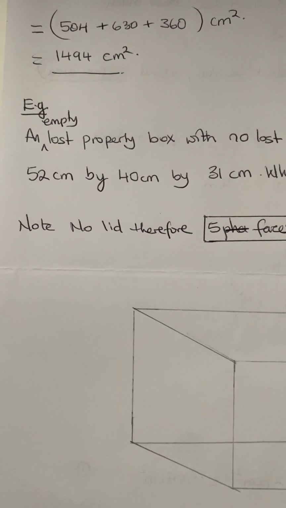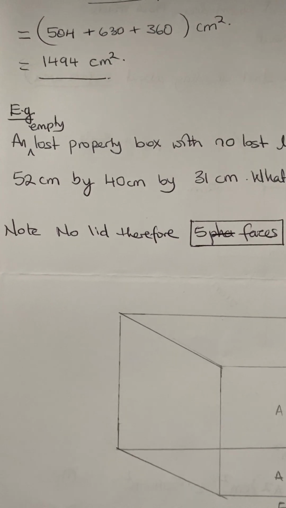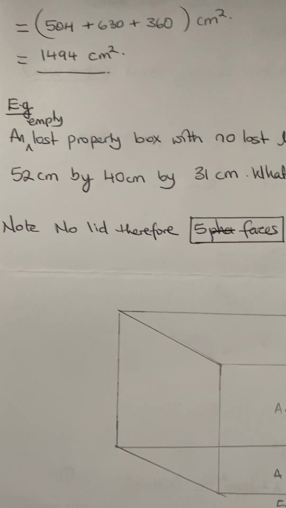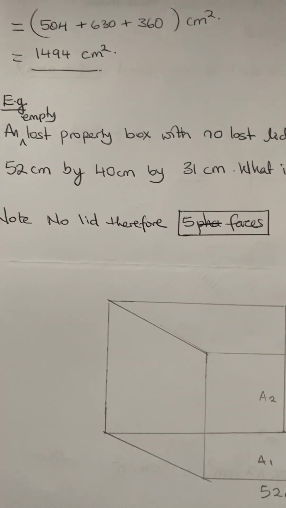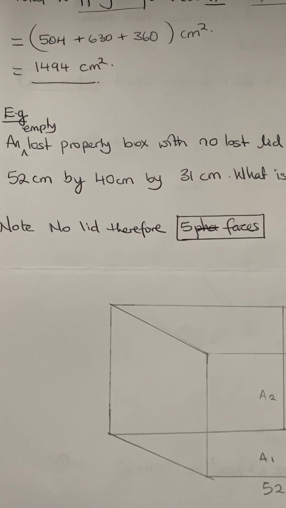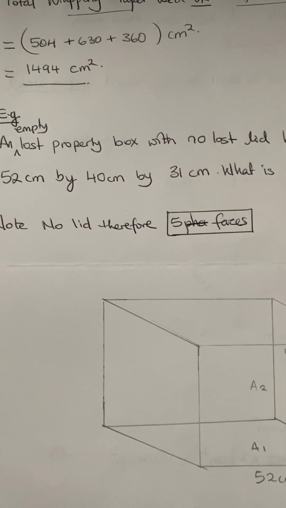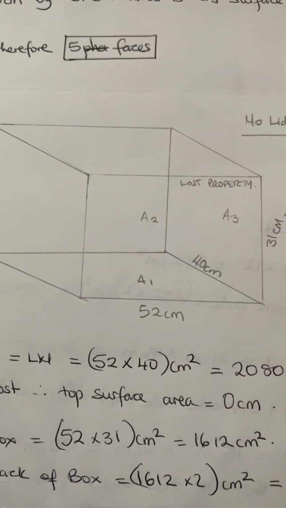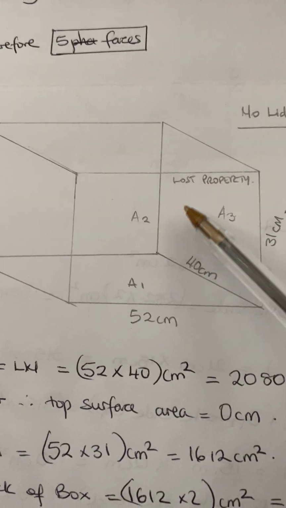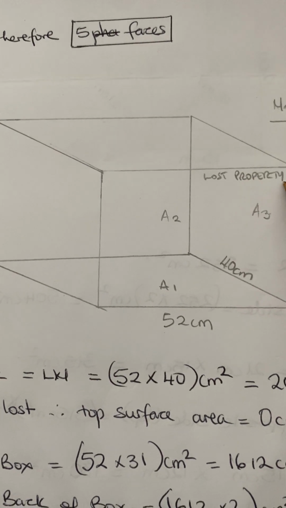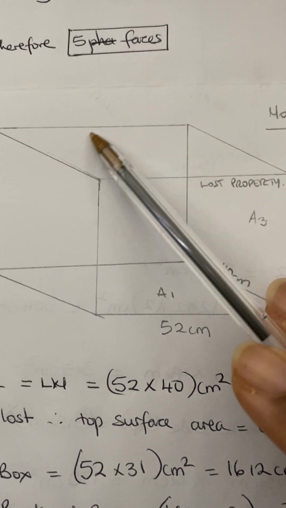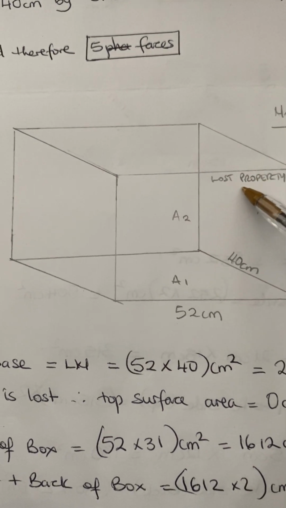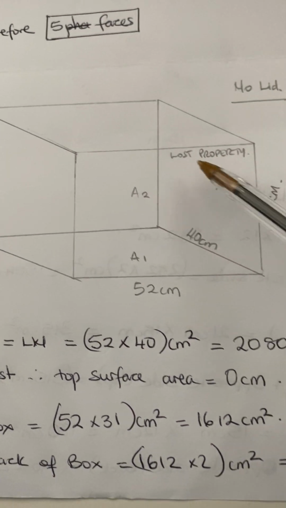So they just leave it there, and they put whatever item has been found in, so that whoever has lost an item can go and see if they found their item. So I have drawn this box. I've labeled it lost property.